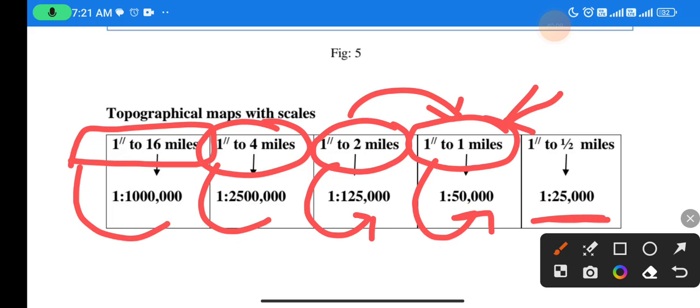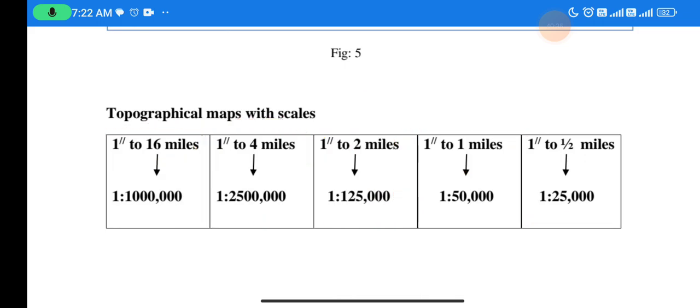But that won't happen, na, because when we divide 1 lakh 25,000 into suppose 4 parts, 1 inch to 2 miles, we're dividing into 2 parts, so we can't get 50,000, we will get 75,000, and I don't know how it is calculated here.